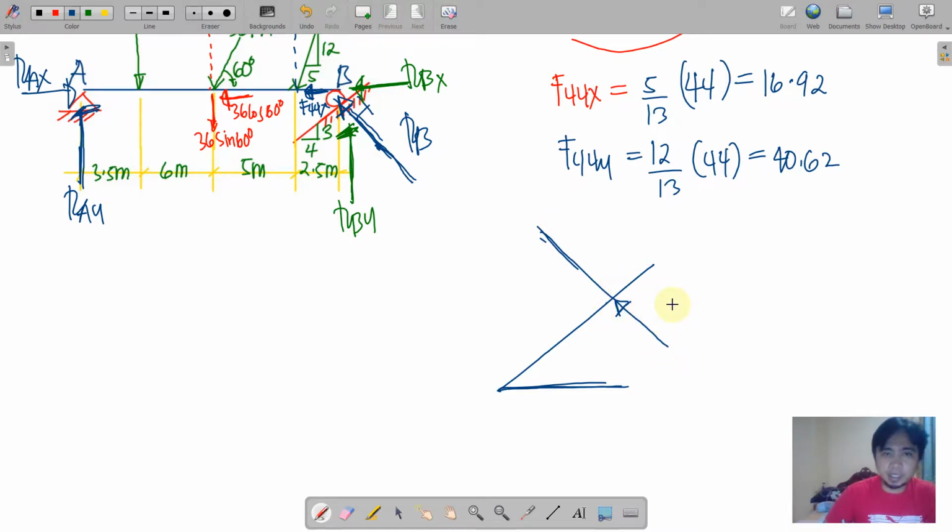See, this is the reaction at B. Okay, so obviously this is a 3, 4, 5 triangle. So if we are going to have the theta here, we project this theta out of this triangle here.